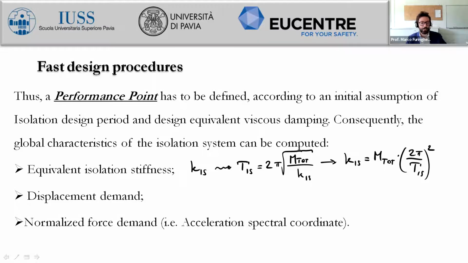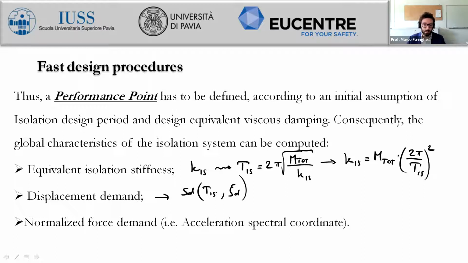Then the displacement demand will be considered as the spectral coordinate of the spectral displacements with respect to the isolation period and the design value of equivalent viscous damping. And this is actually part of what we call the performance point.